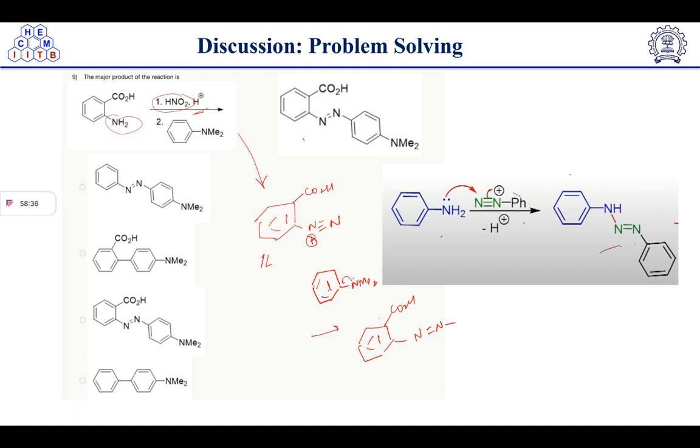So from that will come here, this will go here, this will go here, and it will attack on this one to cover this, and we will get this other product as shown in this mechanism. Then again, the rearomatization will take place to get the corresponding product.